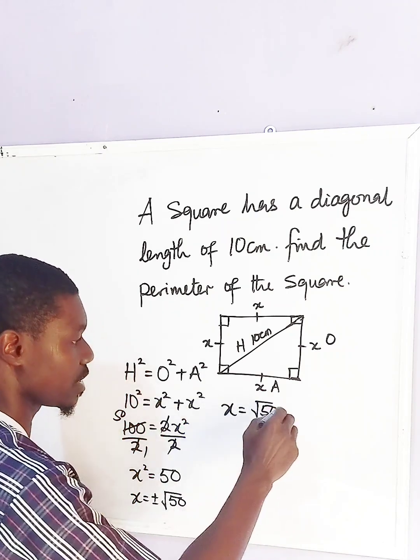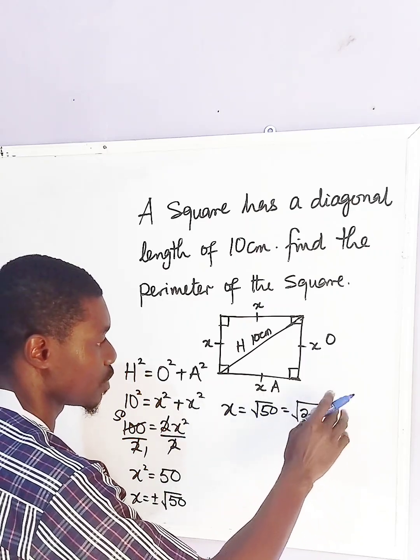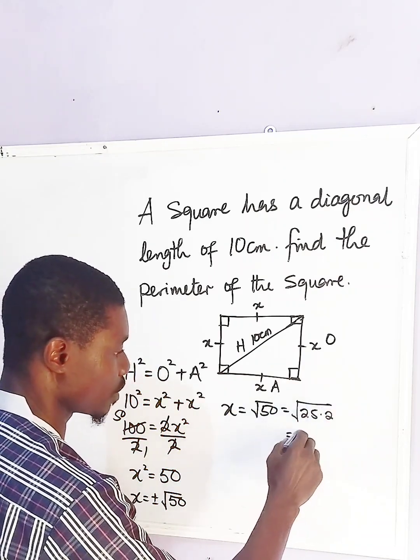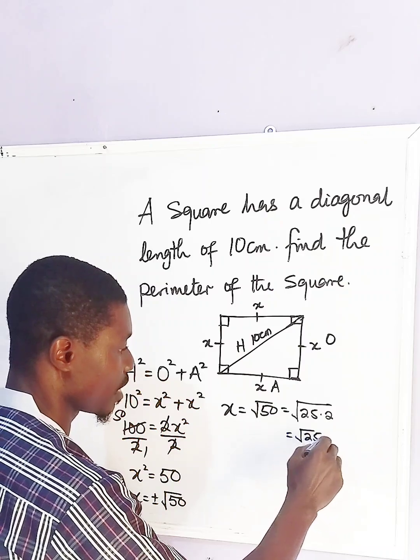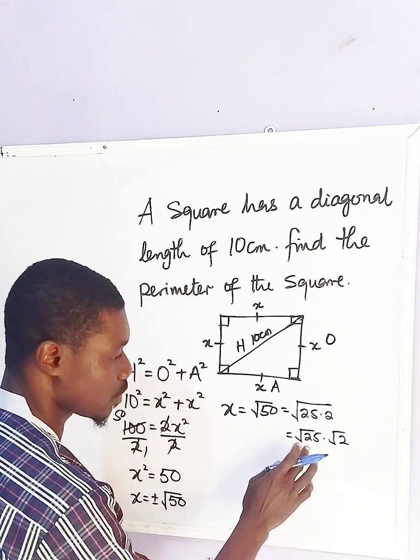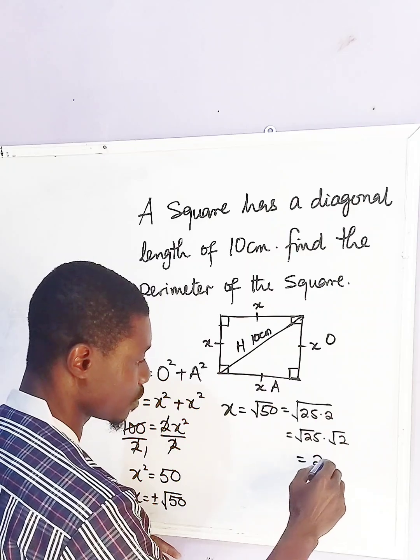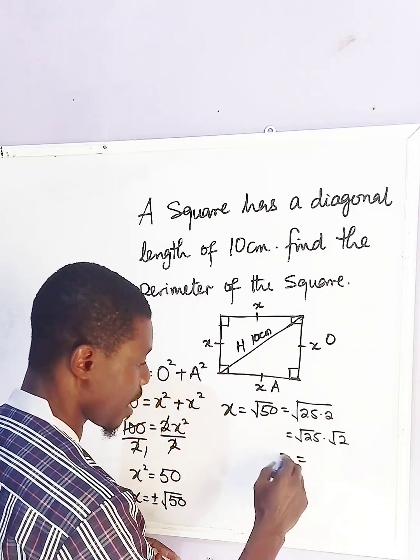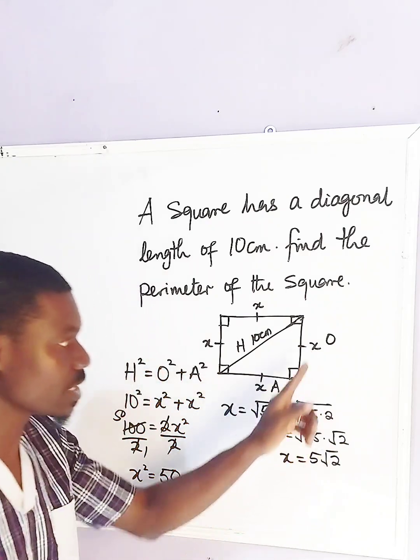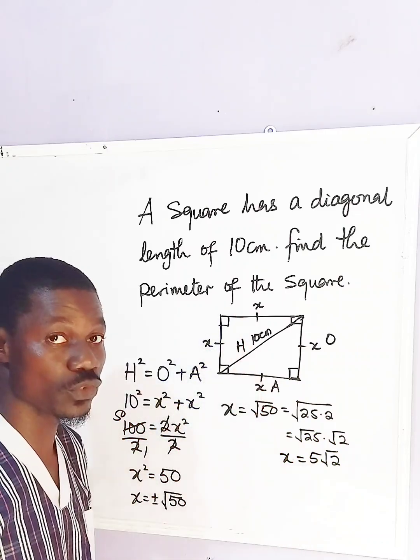Simplifying this further, it is the square root of 25 times 2, which becomes the square root of 25 times the square root of 2, according to the law of surds, and the square root of 25 is 5. So x is 5 root 2, which implies each of these sides is 5 root 2.